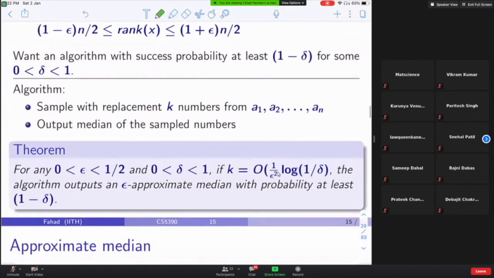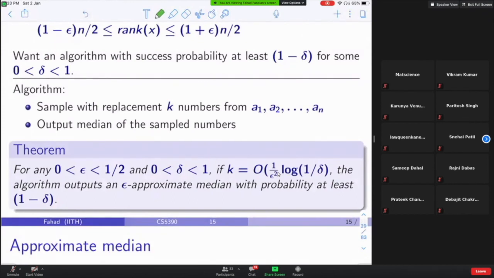Now here is a theorem. Let k be 1 by epsilon square log 1 by delta. So when epsilon and delta are constant, k is a constant. Suppose you sample k such elements with replacement, and say there is a condition epsilon less than half.